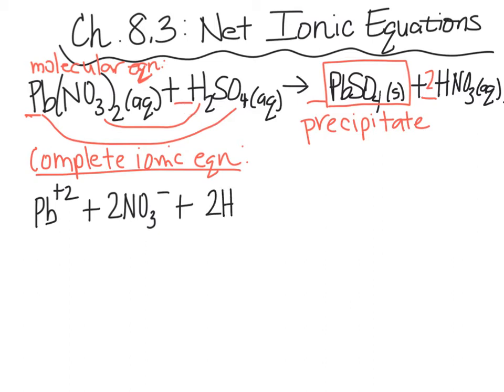So 2 H's, and hydrogen has a +1 charge. And then we have the polyatomic ion, sulfate, and there's only one of those. So you want to keep your polyatomic ion together, and sulfate has a -2 charge. All right, so everything that was aqueous, we just separated into ions. Now this is a solid, so this one stays together.